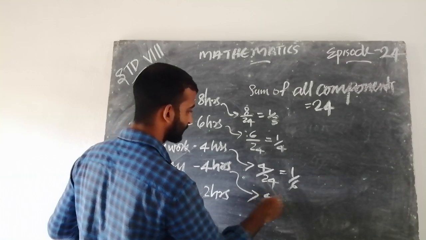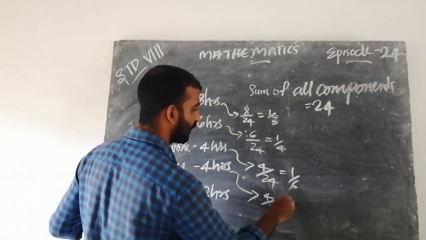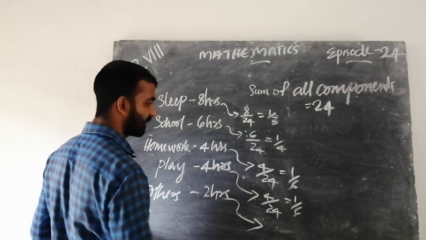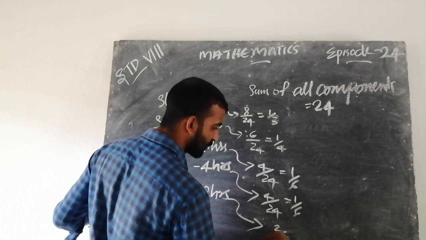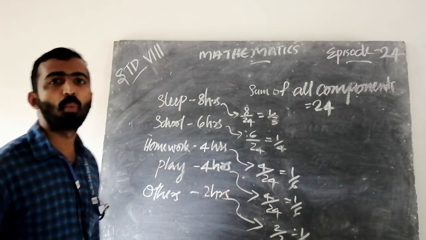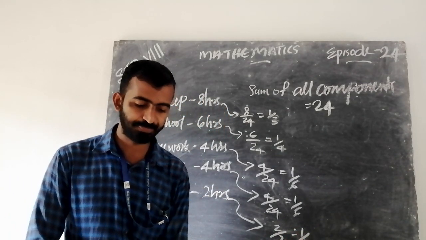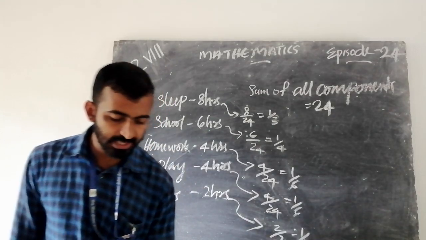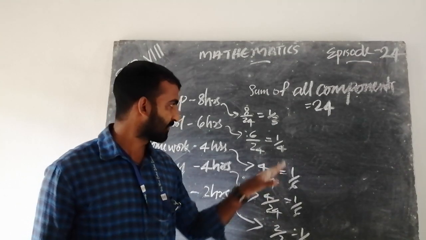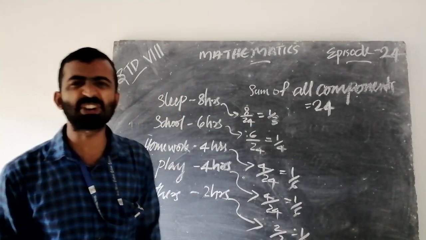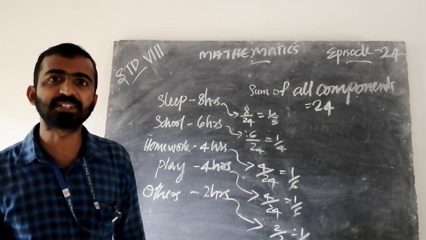Again 4 by 24, 1 by 6. And here 2 by 24 equals 1 by 12. Time spent in fractions, we get the fractions. Then fraction into 360, we get the sector angles.